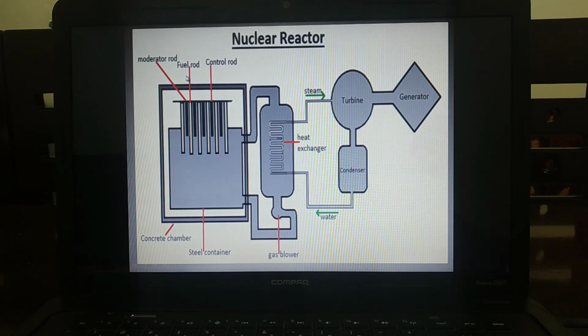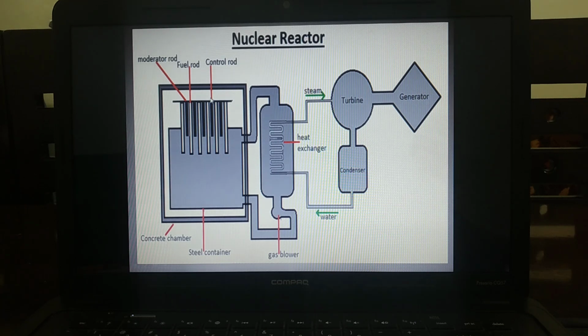The fuel rod is uranium-235 arranged in tubes, which initiate the nuclear chain reactions. Next is the control rod.